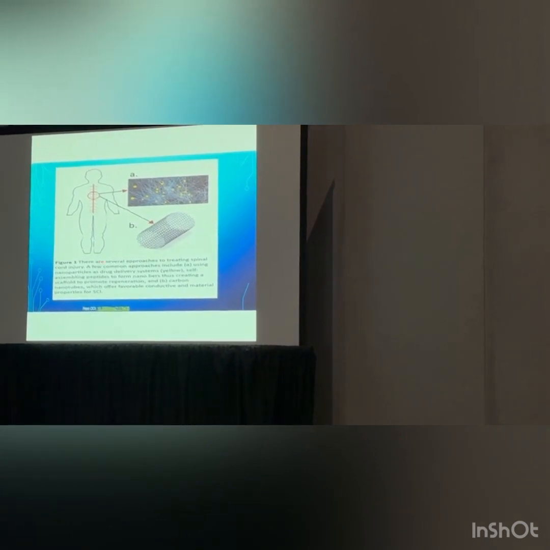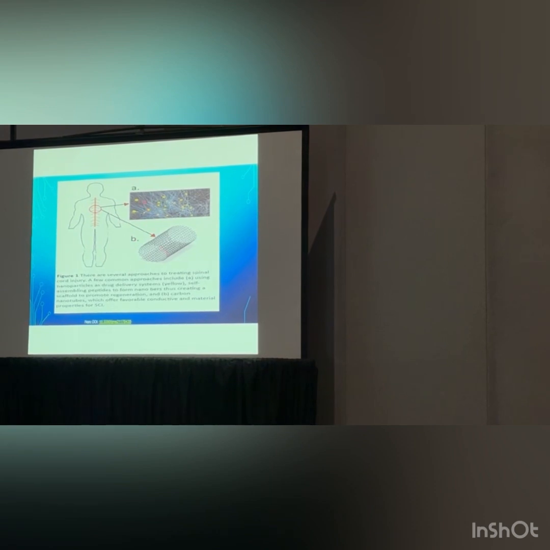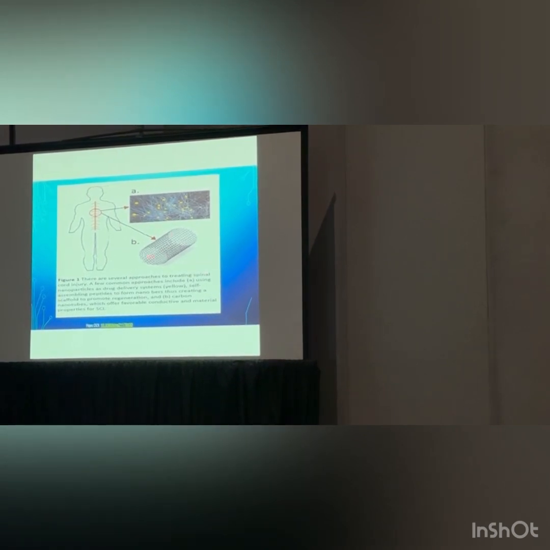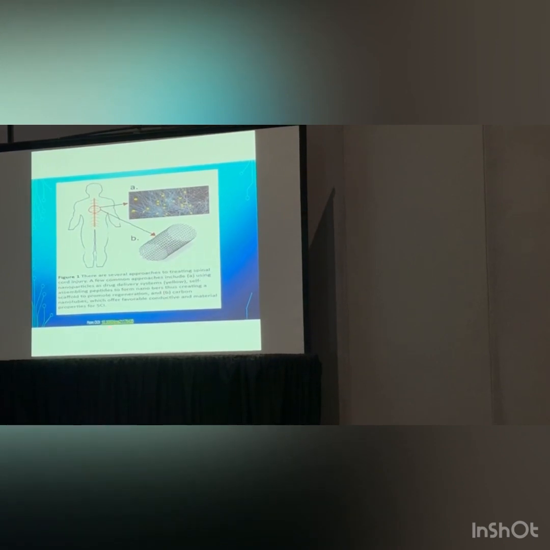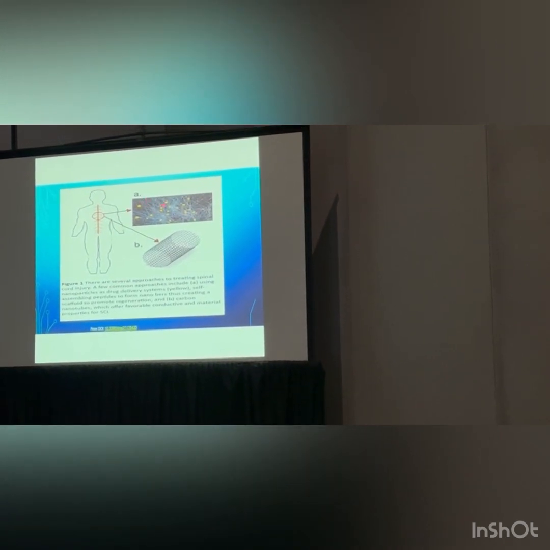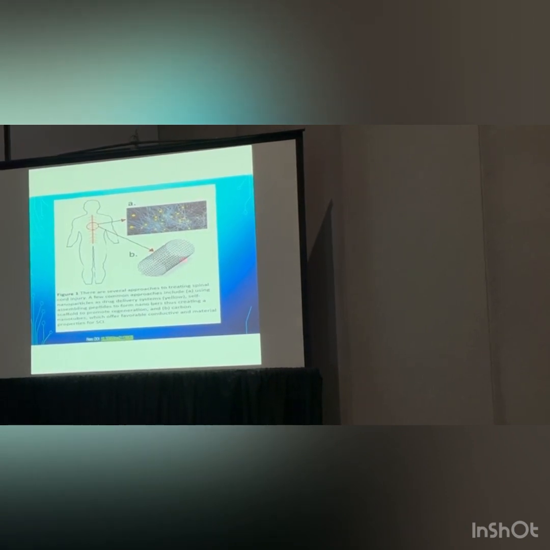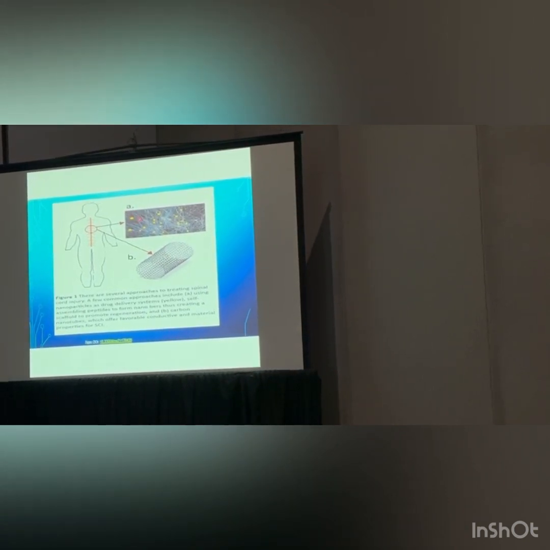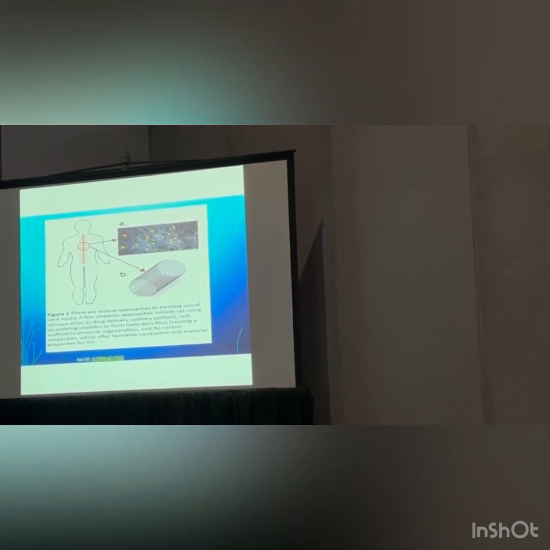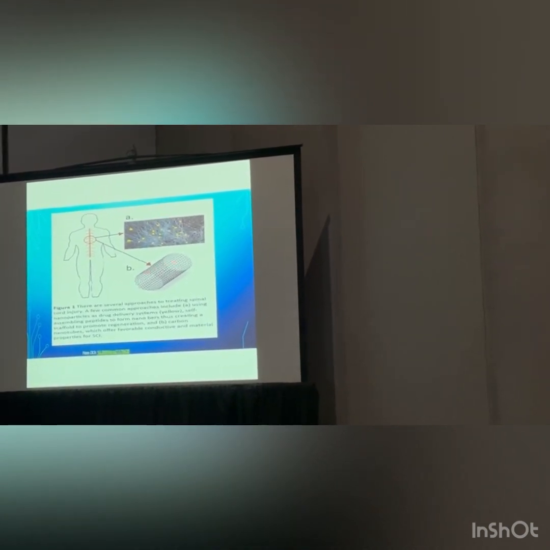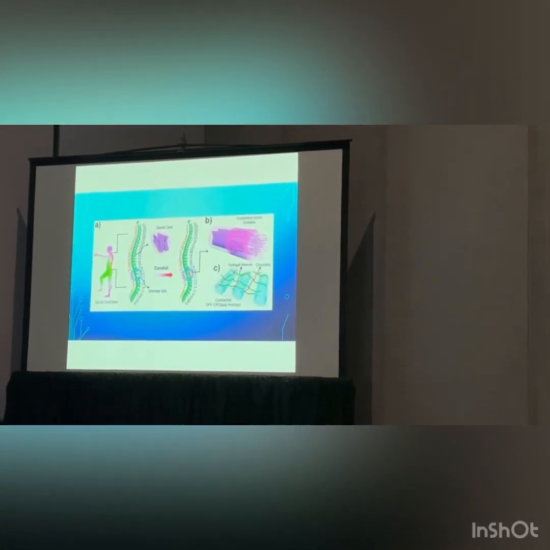As you see here, this shows the spinal damage, and with these two ways they can cure the spinal damage together using nanoparticles. Figure A is using nanoparticles as a drug delivery system. These yellow ones show the nanoparticles as a drug delivery system, and B1 is carbon nanotube, which I'm going to talk a little bit about as well.